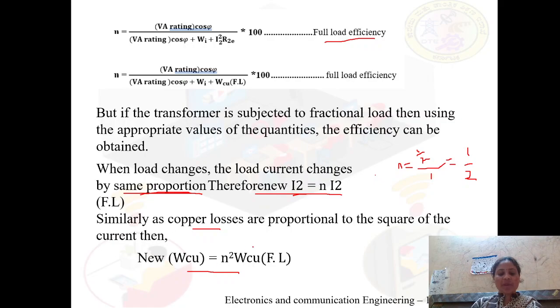But the copper loss is proportional to the square of the current, hence the new copper loss is N square times the copper loss for the full load. The iron loss Wi will not change because it is constant.